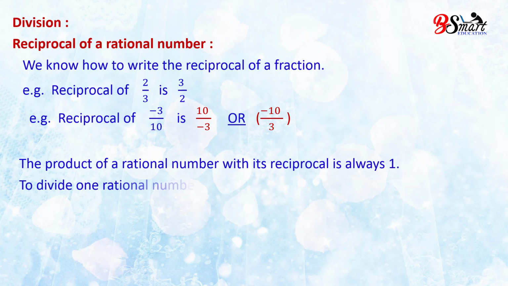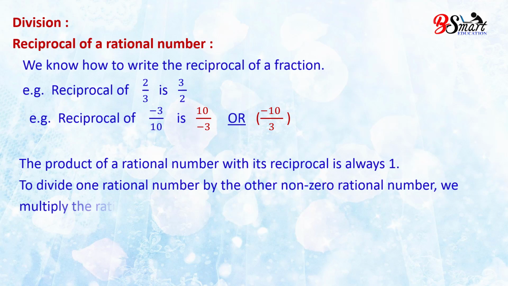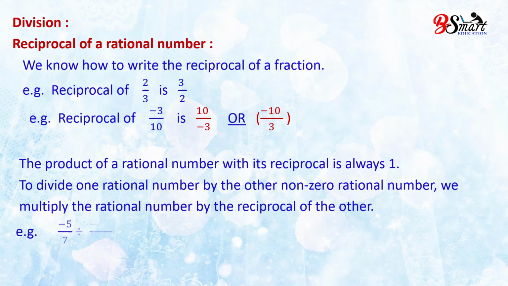To divide one rational number by the other non-zero rational number, we multiply the rational number by the reciprocal of the other. For example, minus 5 by 7 divided by minus 10 by 11 equals minus 5 by 7 into 11 by minus 10.